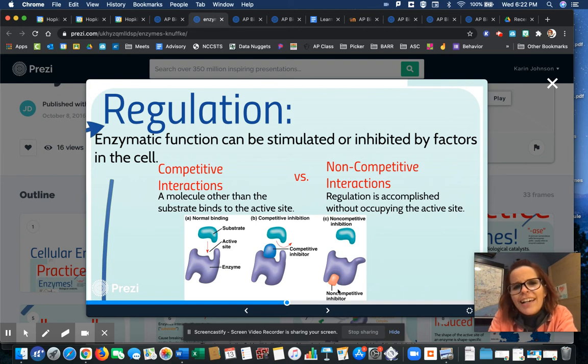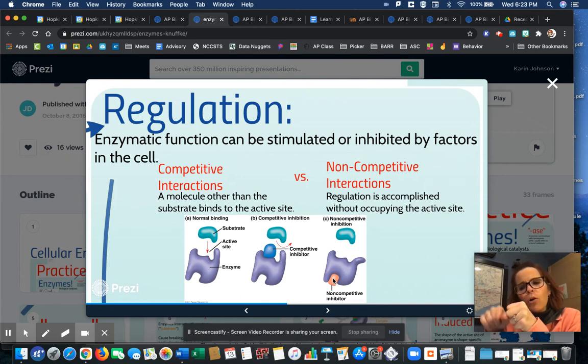Tertiary structure is the R group interactions. Remember, R groups are the part of each amino acid that's a little bit different, and some of them are polar and attracted to each other, and some of them are non-polar and not attracted to each other, whatever. And here's my point: a non-competitive inhibitor is another molecule that sidles up against the protein.